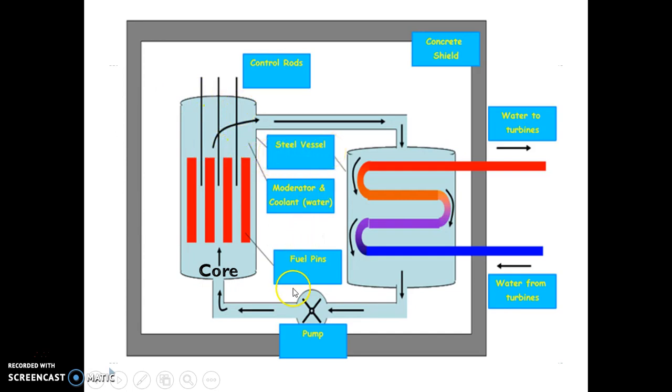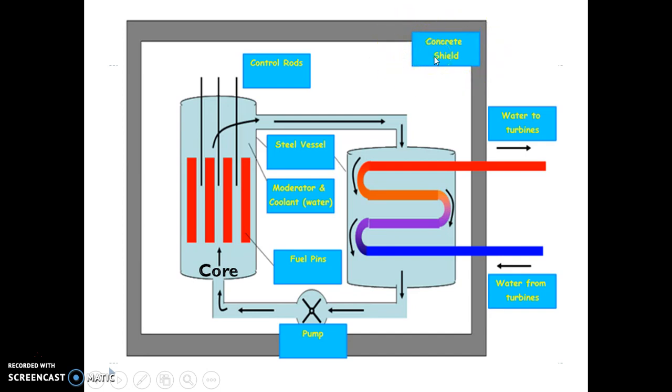Next to that, here there is a pump to pump the water or coolant material. Then here is a block which provides water from turbines and water to the turbines, and here there is a concrete shell.